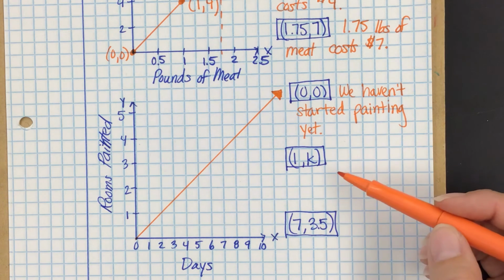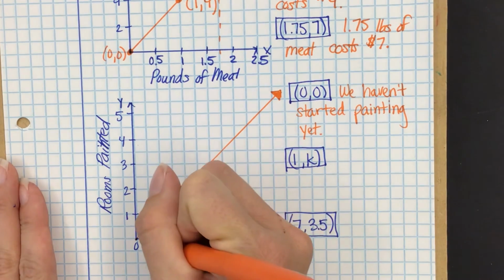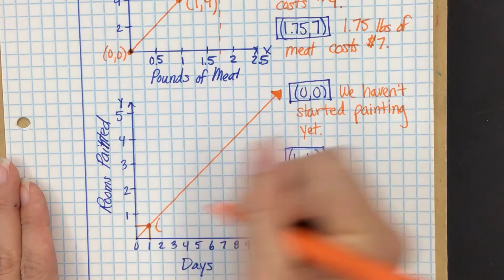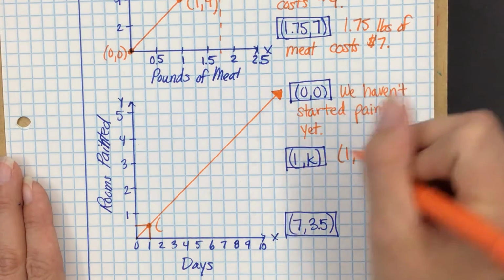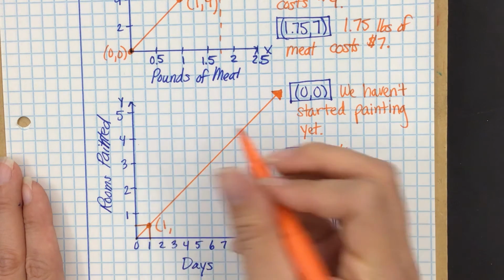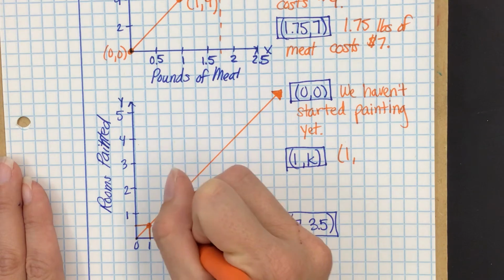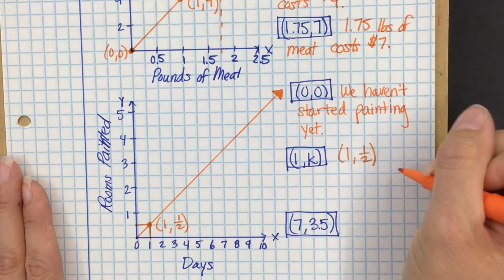Oh, you're gonna do this one? Okay. So what is the point 1, K? How many rooms per day? Yes. And what is the actual coordinate location of that? 1 and half a room. Yeah. And you can write it as a fraction, a half, or you could do 0.5.